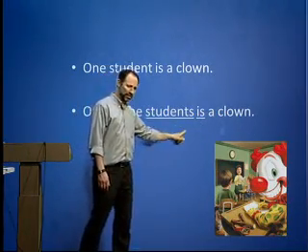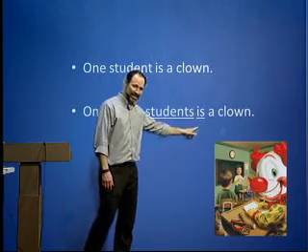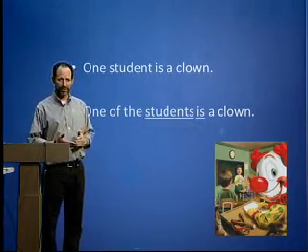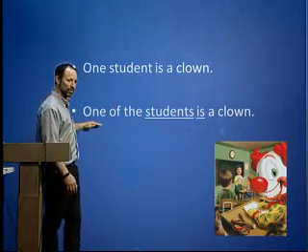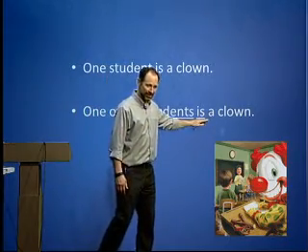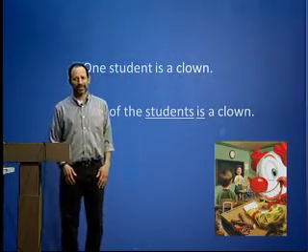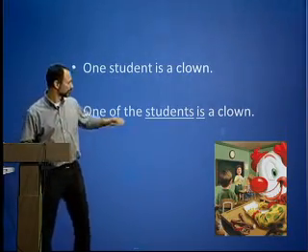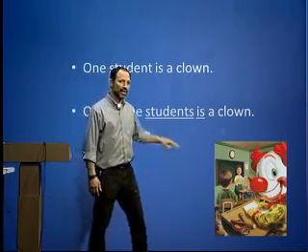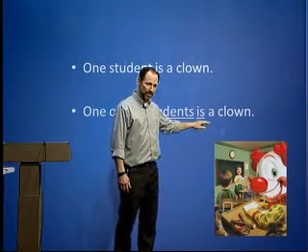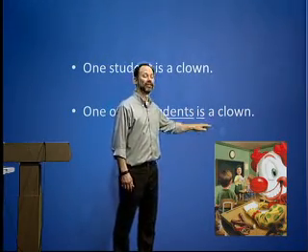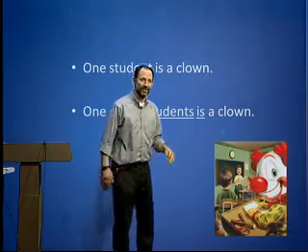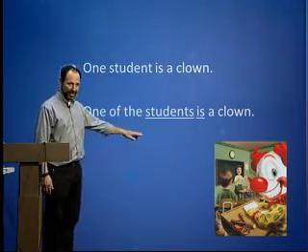So now we have the plural noun, but the verb is still third person singular, as though it's one is. This creates a lot of confusion because a lot of people see students and they want to put the plural form of the verb, students are. But that's not what we do. One of the students is.